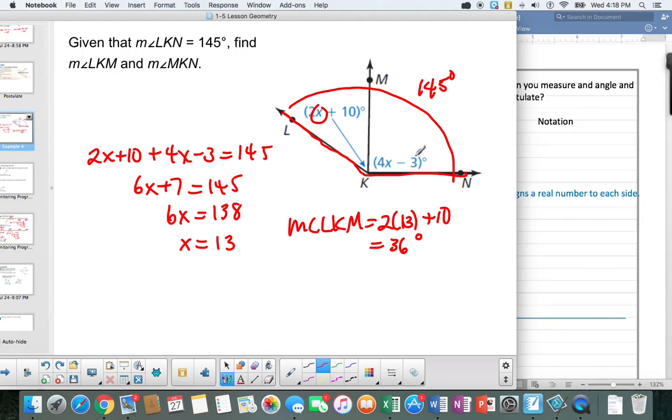Now I can put 13 in here too, but I know it has to be the leftover from 145. So when I subtract 36 from 145, I'm going to get 109. So the measure of angle MKN is equal to 109. Those two have to add up to 145.